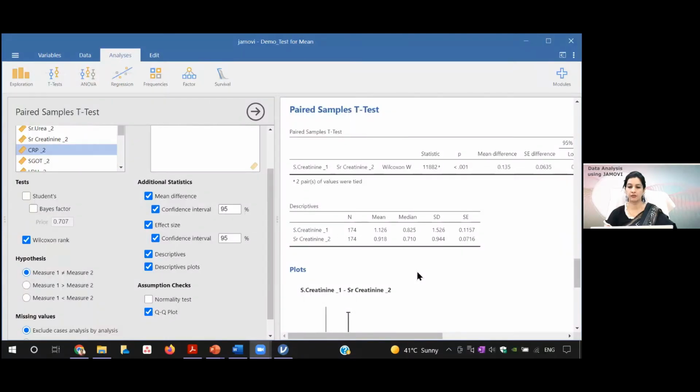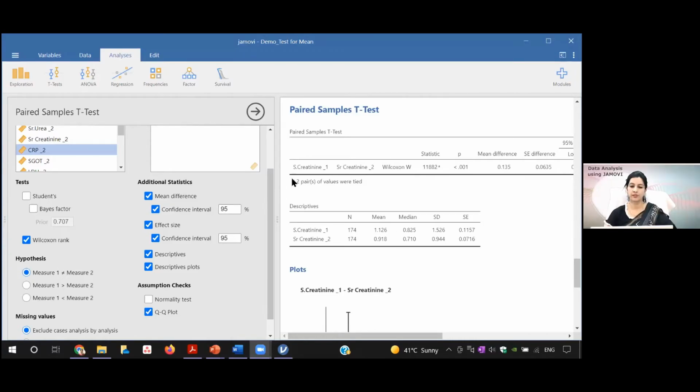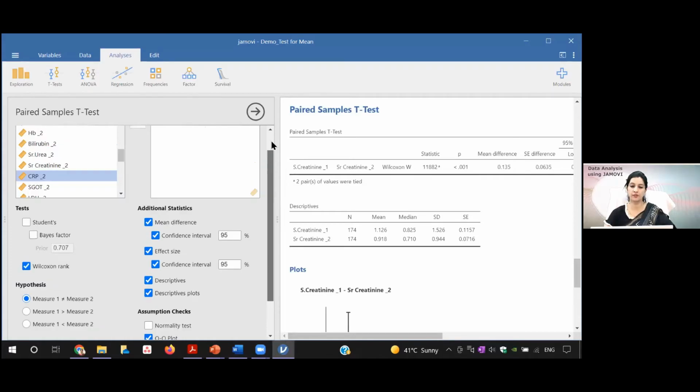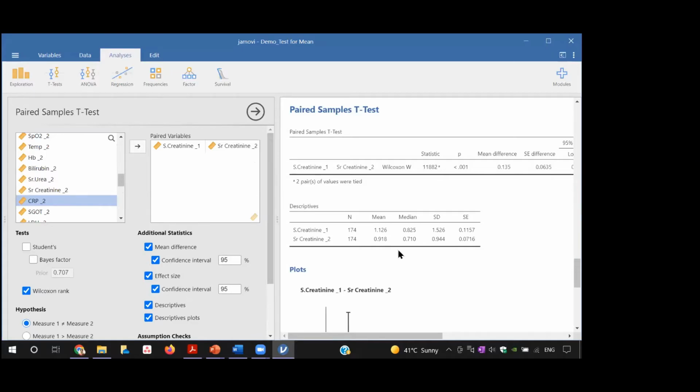Can you hear me now? I got disconnected. Yes, ma'am. Okay. So could you see this shifting of this creatinine 1 and 2? So I'll again tell you, we are... Ma'am, now can you repeat this thing?